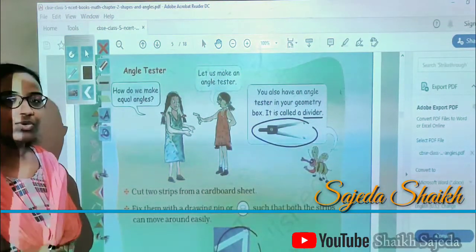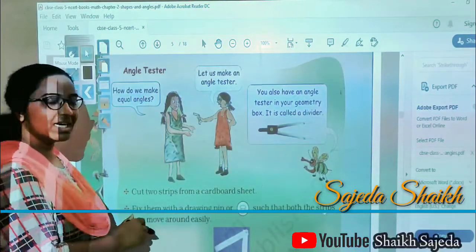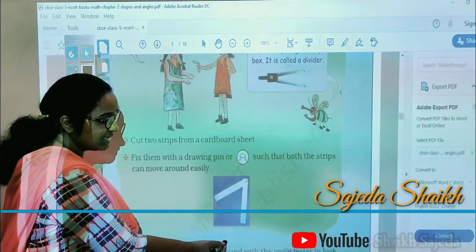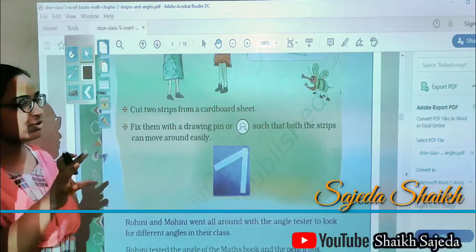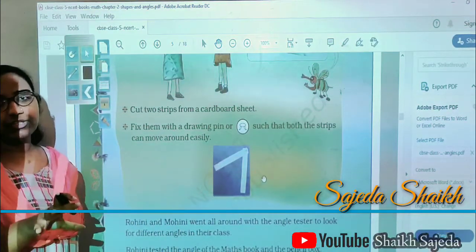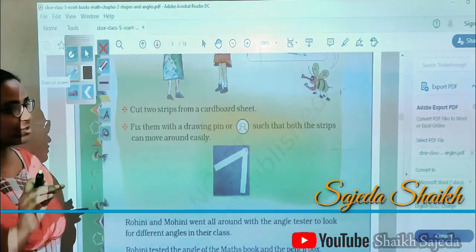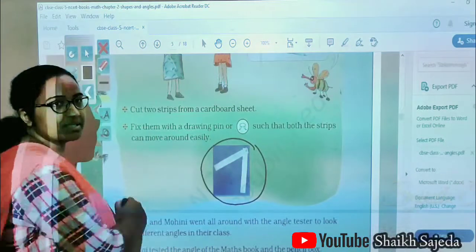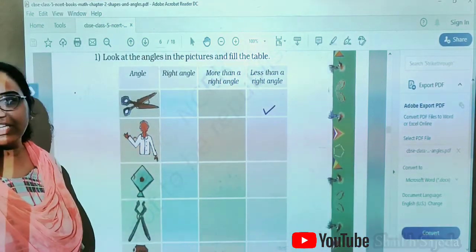So this is also one activity that you have to do at your home. Using two cardboard strips, you have to make such an angle tester, and then measure different objects present at your home, and at least 5 pictures you have to draw using this angle tester. Now here all these pictures are given in your textbook.